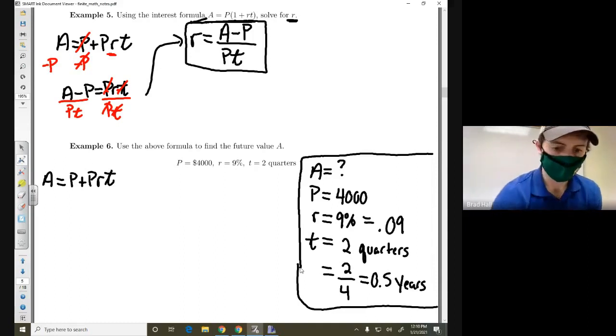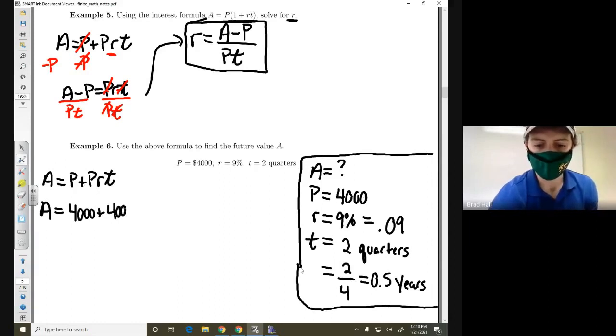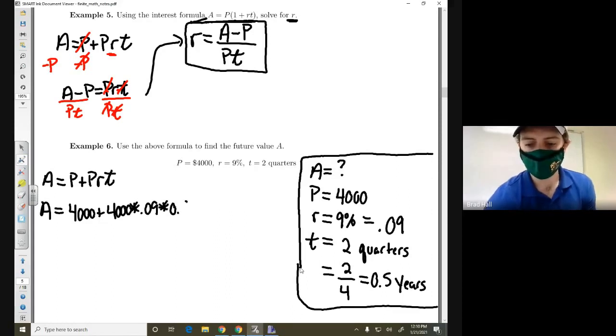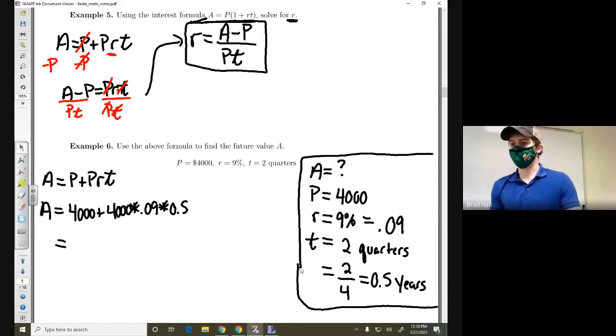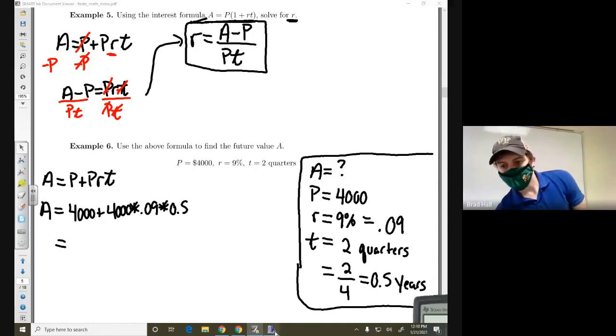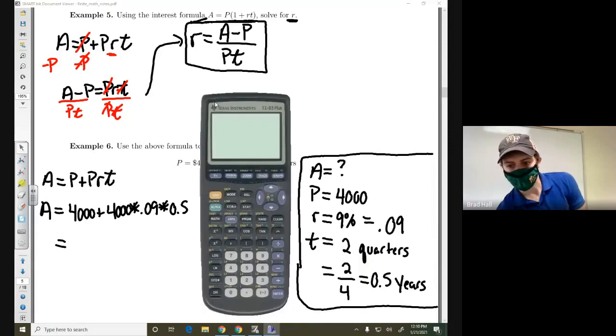So let's plug everything in. It seems pretty straightforward. P is 4,000 plus another 4,000 times 0.09 times 0.5. And the good news for us, the unknown is already by itself. So guess what? This is calculator work. All we have to do is pull up the calculator.